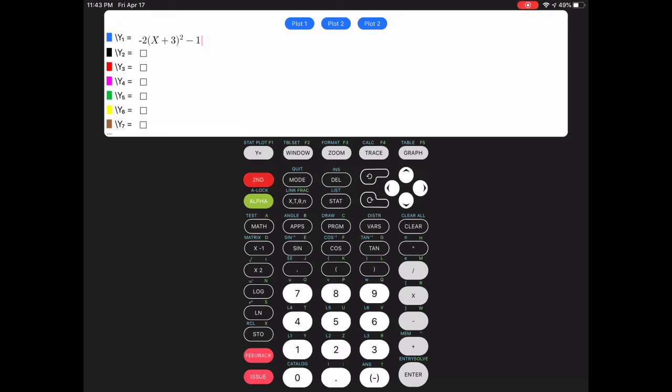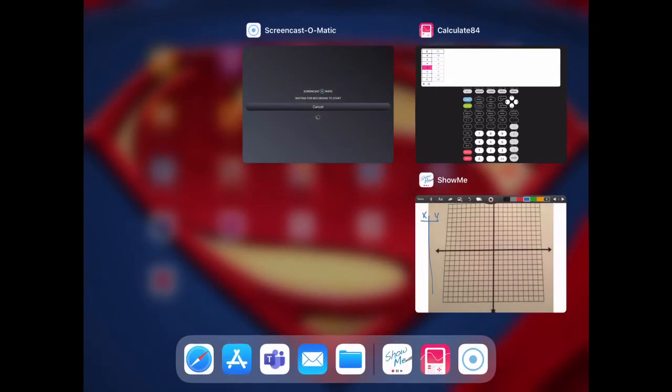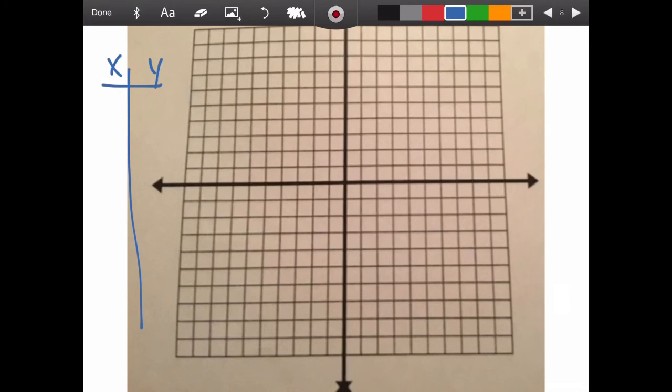Okay, so we said that the vertex was negative 3, negative 1, right? Negative 3, negative 1 is my vertex, and there's the rest of my table right there, above the pink and below it. So I'm going to fill that in right here, making my vertex negative 3, negative 1, and my other ones negative 4, negative 3, negative 5, negative 9, and then negative 2, negative 3, negative 1, negative 9, and then plot.